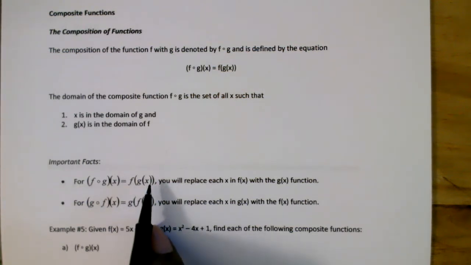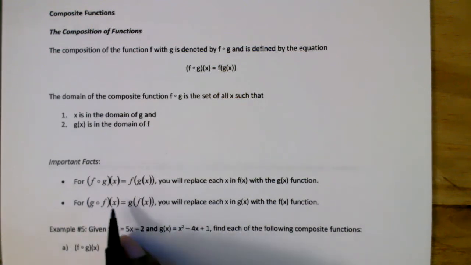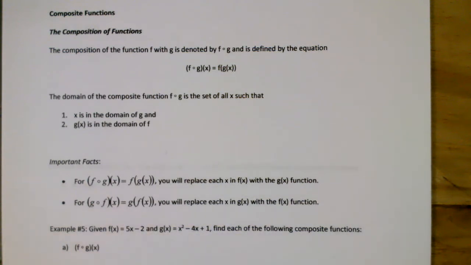You're going to substitute each x in the f of x function with what g of x is equal to. And there's also g circle f of x, or g of f of x. This time, f of x is your inside function and g of x is the outside function. In this case, you're going to replace each x in g of x with that f of x function.